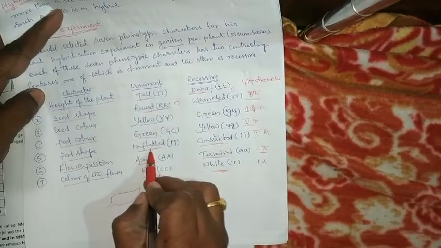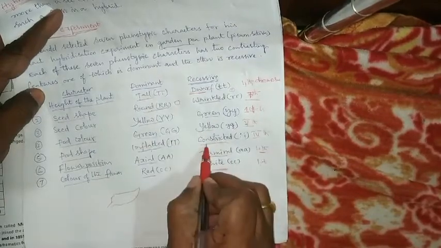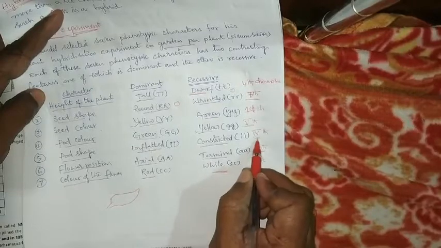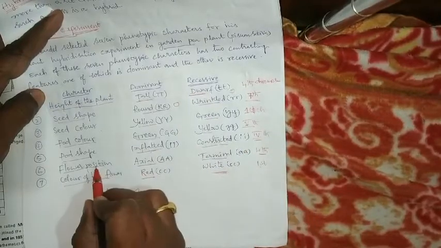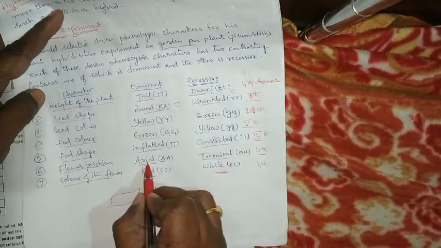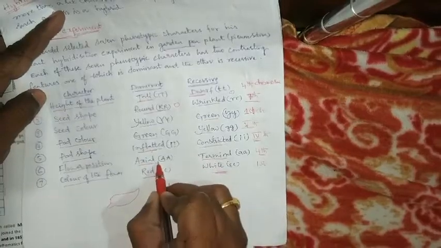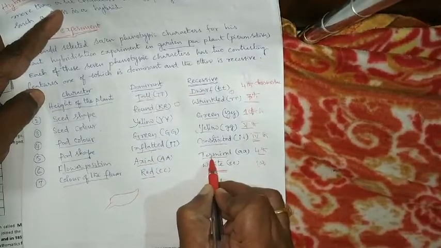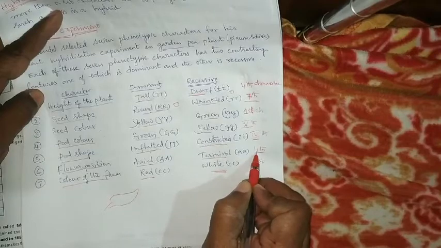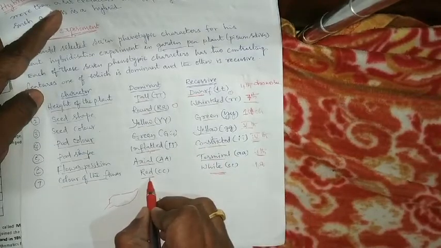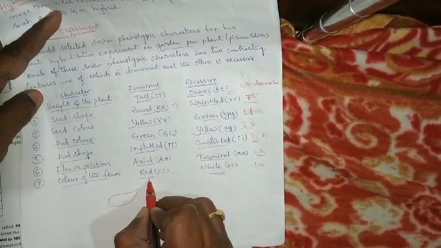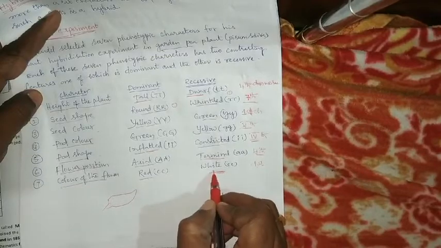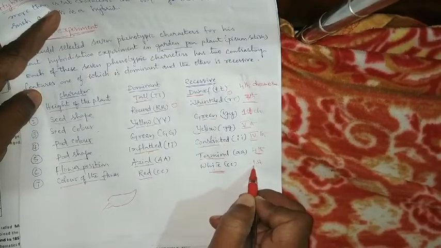Pod shape: inflated is dominant, constricted is recessive, present on the fourth chromosome. Flower position: axillary flower is dominant, terminal flower is recessive, present on the fourth chromosome. Red flower color is dominant, white flower color is recessive, present on the first chromosome.